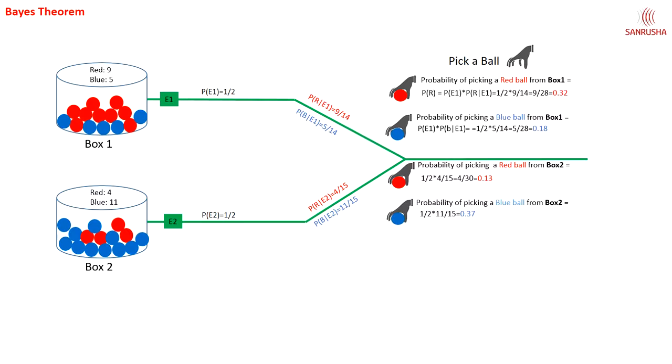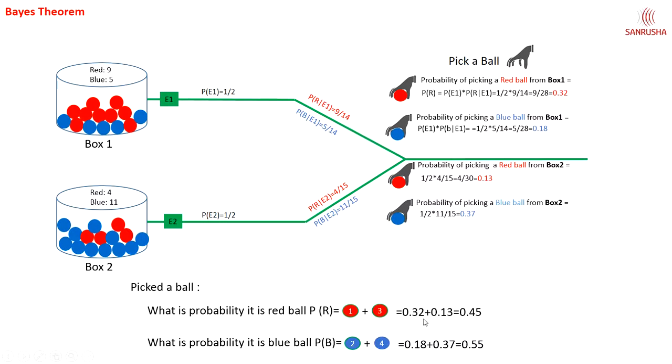Okay, what is the total probability of you picking a red ball? This was the probability of picking a red ball from box 1 and this was the probability of picking a red ball from box 2. So the total probability of picking a red ball is 0.32 plus 0.13, 0.45. And remember, these are mutually exclusive events. That means you cannot put your hand in both the boxes together.